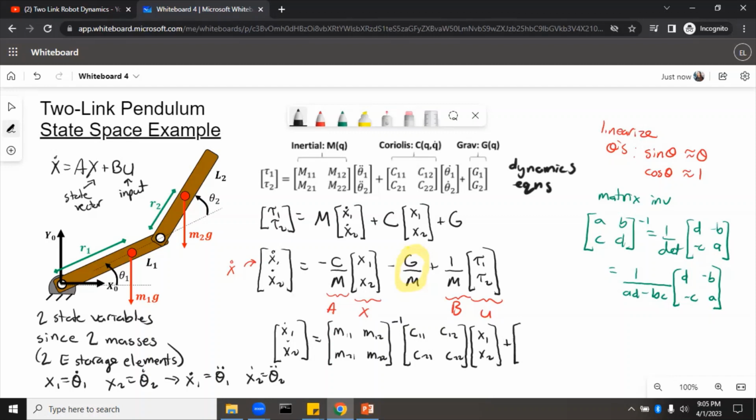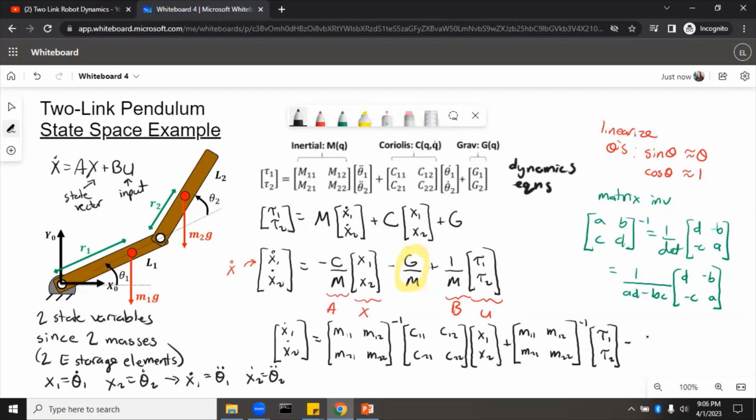Plus, we'll need M11, M12, M21, M22 inverse times tau 1, tau 2.